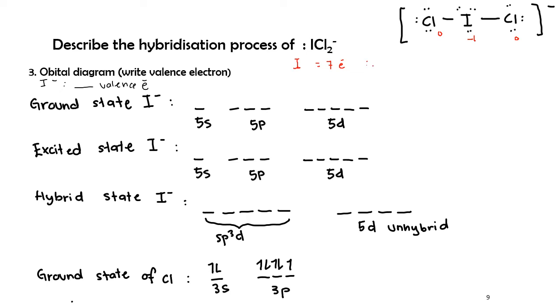And sepatutnya biasanya kita akan tulis ground state-nya adalah 5s2 and 5p5. Okay, total 7 valence electrons. But untuk iodine, I minus ion, okay, this one, I minus akan ada 8 electrons because you have 1 extra electron. So dekat sini, the ground state will be 8.